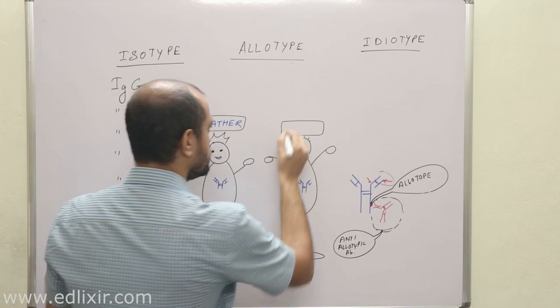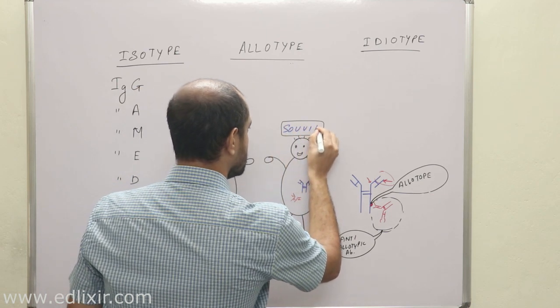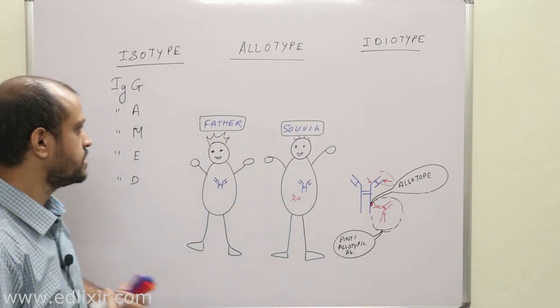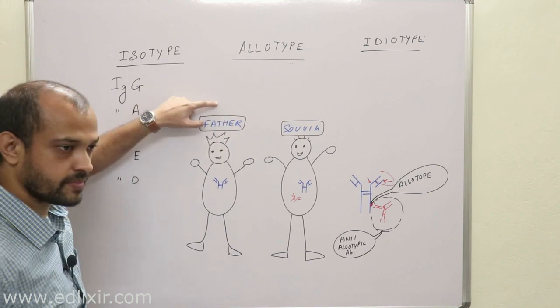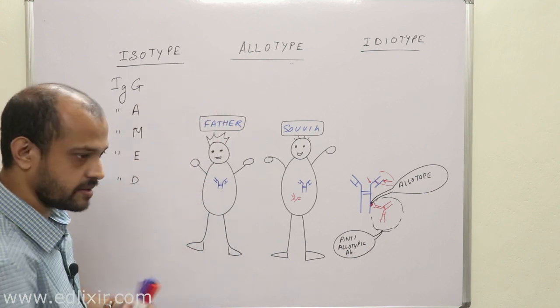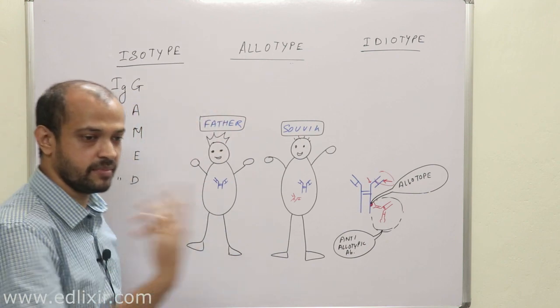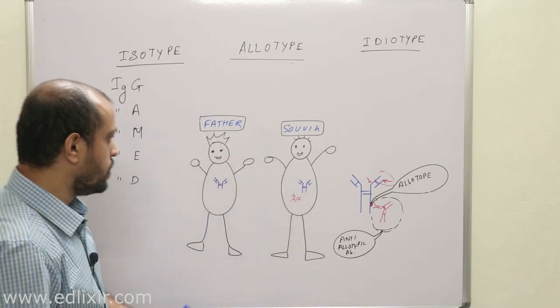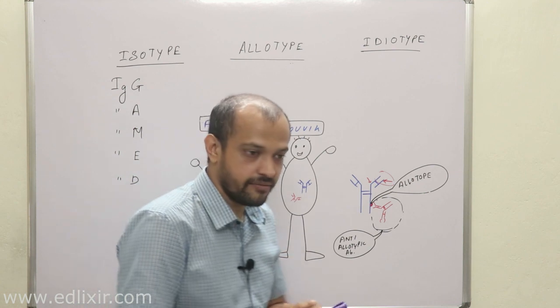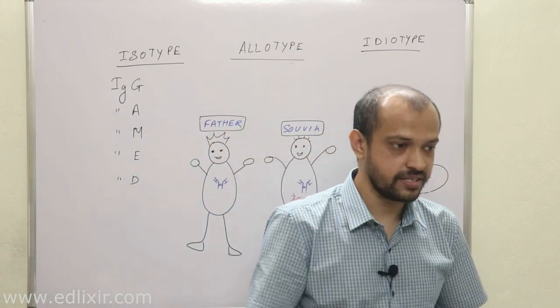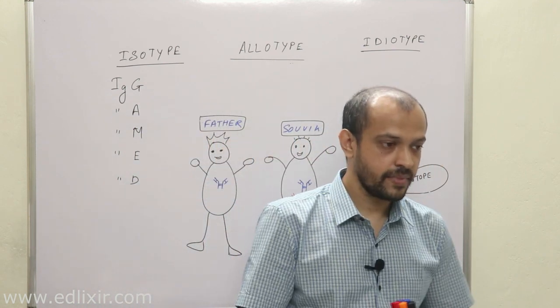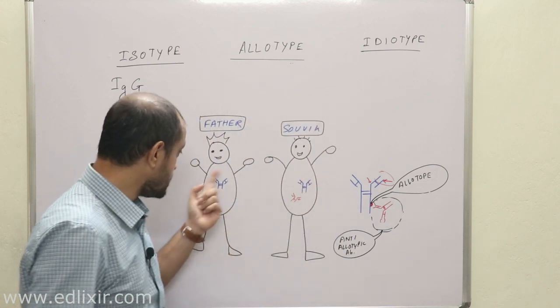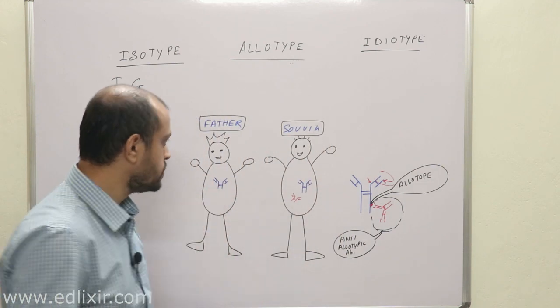Okay, clear? Now listen. Suppose my father is giving me an antibody. I also have subtle differences, and my father also has subtle differences.